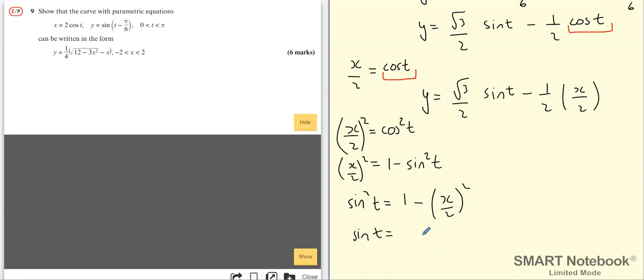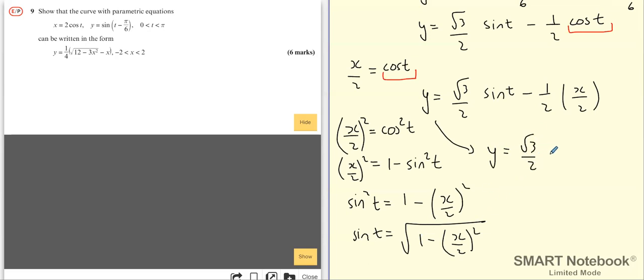And sine t, therefore, is going to be the square root of 1 minus x over 2 squared. Does that make sense? Is everyone happy with that? Is everyone following what I'm doing there? Any questions?